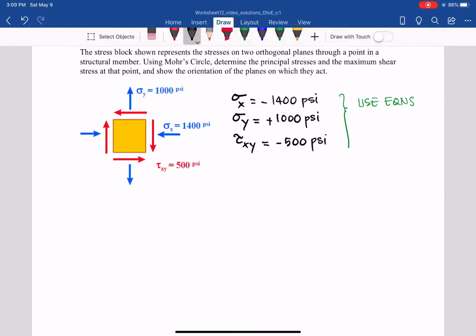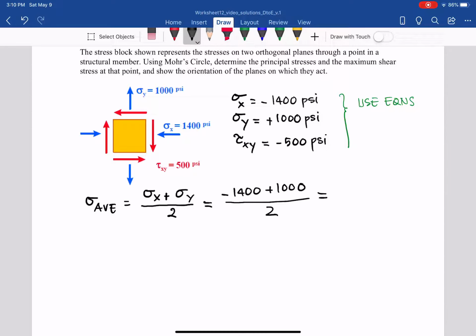So we have sigma average, which is point A, equal to sigma x plus sigma y over 2. So we have negative 1400 plus 1000 over 2, so it will be negative 200 psi.